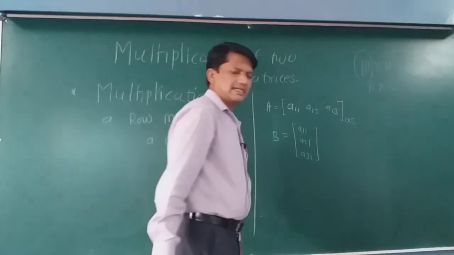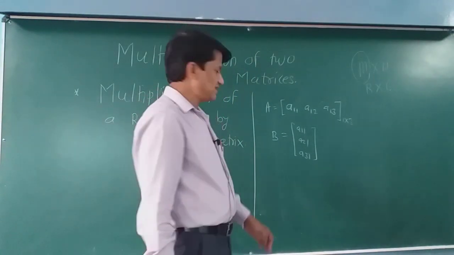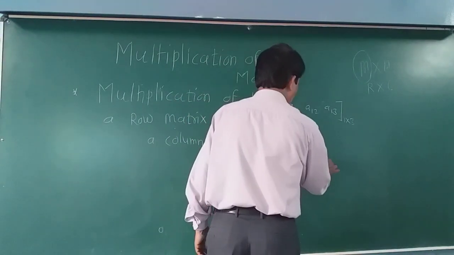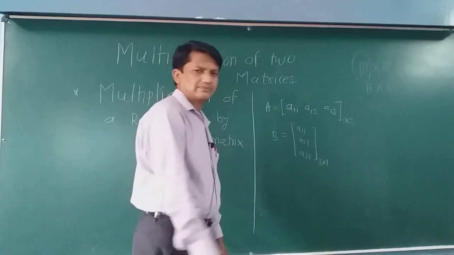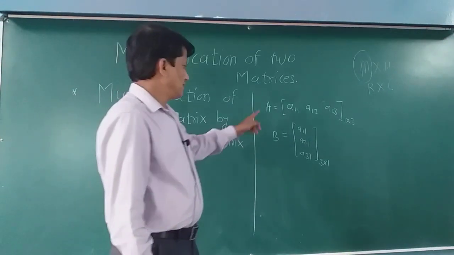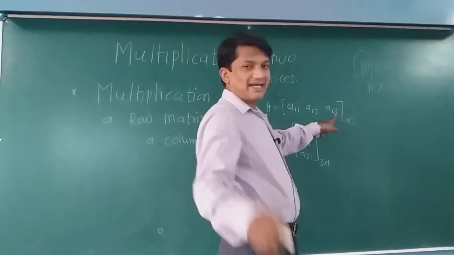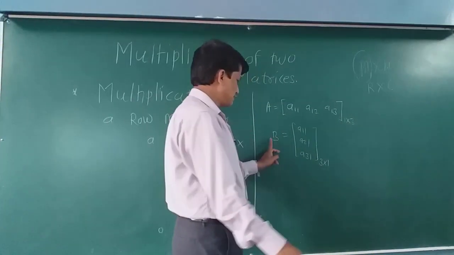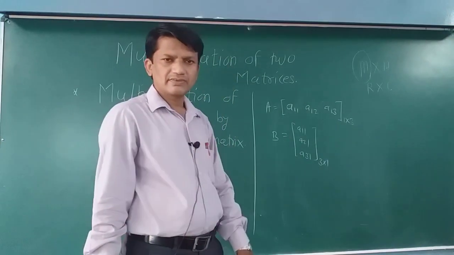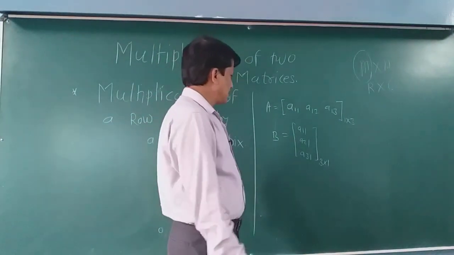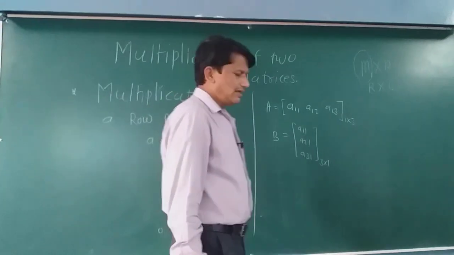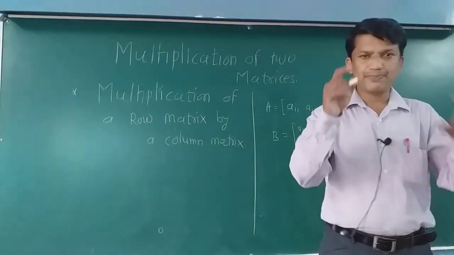This is another matrix, and the order of this matrix is 3 rows and 1 column. Look here, this is a row matrix having one row. This is another matrix, a column matrix, and here, according to our product rule.